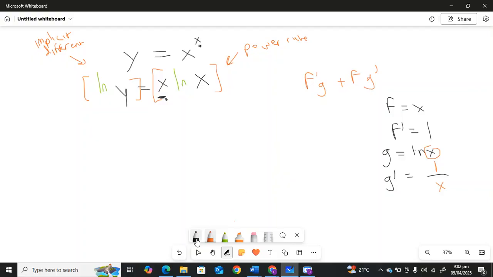Okay, so on our right hand side, f prime, that is 1. G is natural log of x, so 1 times the natural log of x, plus f, which is x, times g prime, 1 over x.